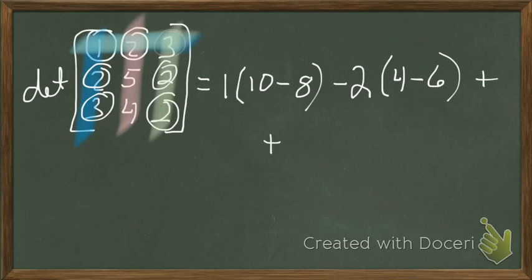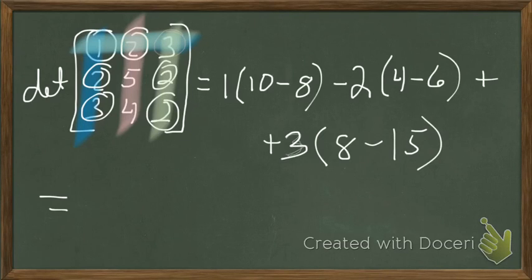And I've got +3. Okay, I have absolutely no idea why that's... There we go. +3. 2 times 4 is 8, minus 3 times 5 is 15.